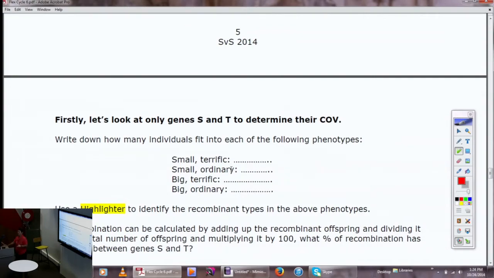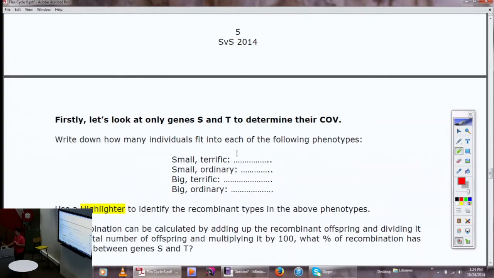When I see small and ordinary, I recognise that straight away as a recombinant type, because the first trait, small, is dominant, and the second trait, ordinary, is recessive. Dominant recessive equals recombination. Dominant dominant or recessive recessive are non-recombinants.